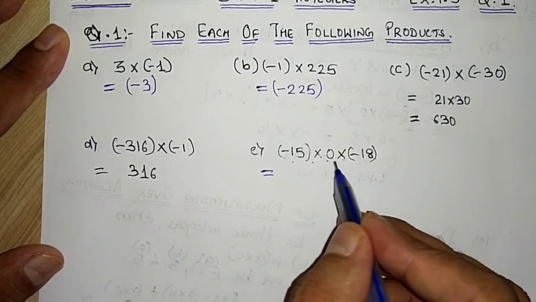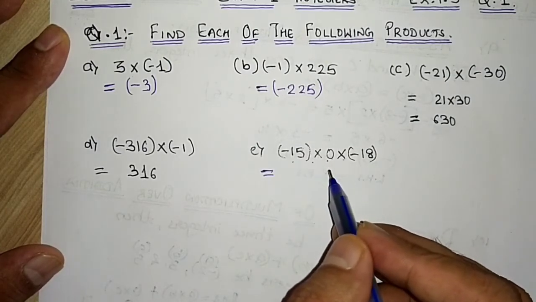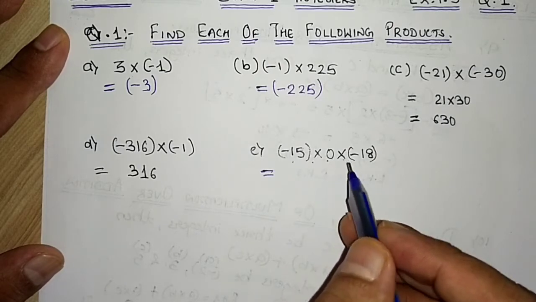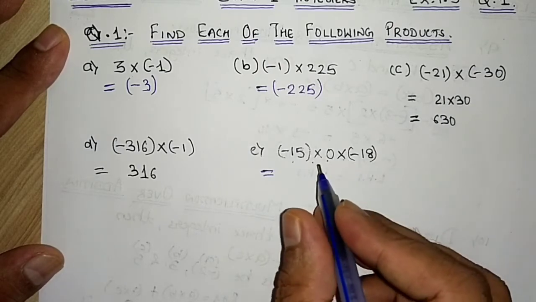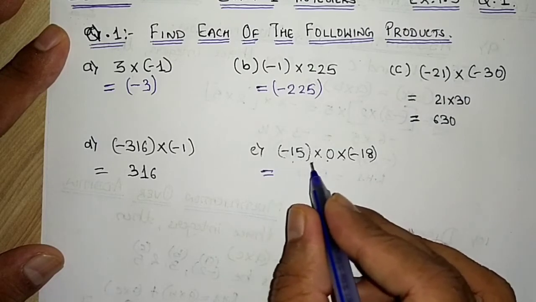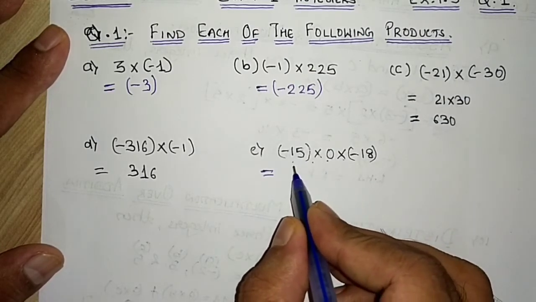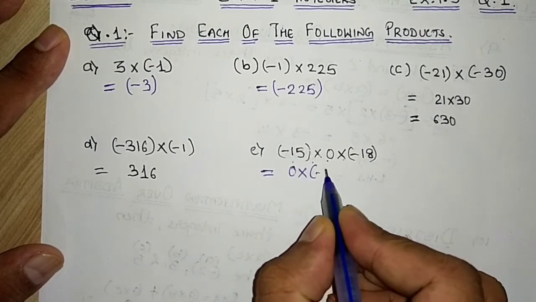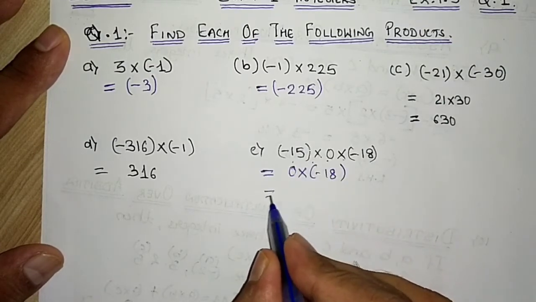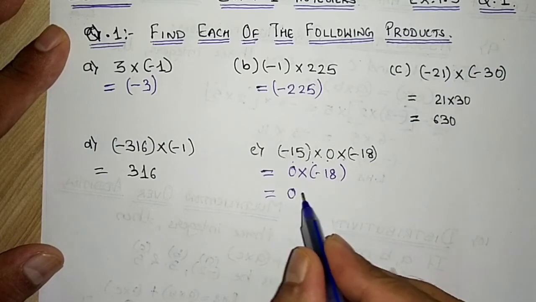You multiply 0 with any number, your final answer will be 0 only. But let me solve with two numbers at once. So minus 15 into 0 is 0, multiply by minus 18. Again 0 into minus 18 will be 0.